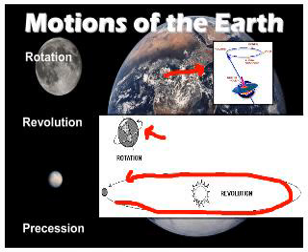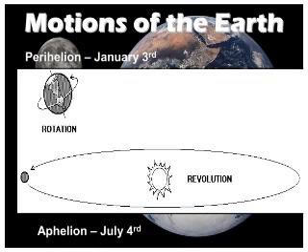The next thing we want to look at is the Earth revolving around the sun. There are two terms that you're going to see, perihelion and aphelion. Perihelion is January 3rd, and that's when the Earth is closest to the sun.